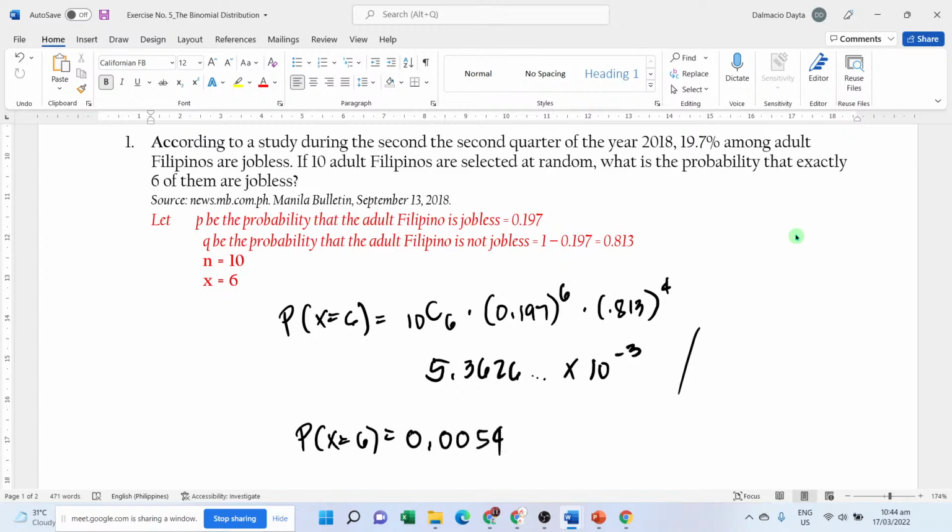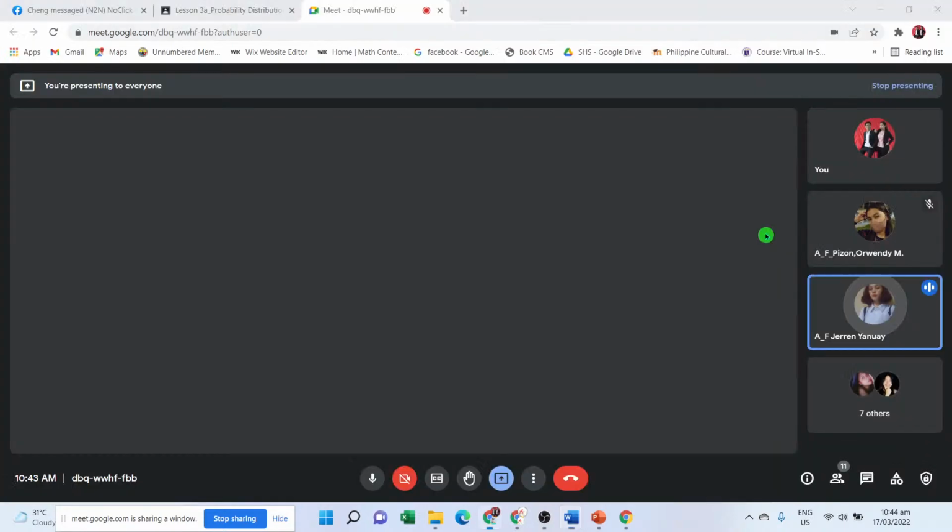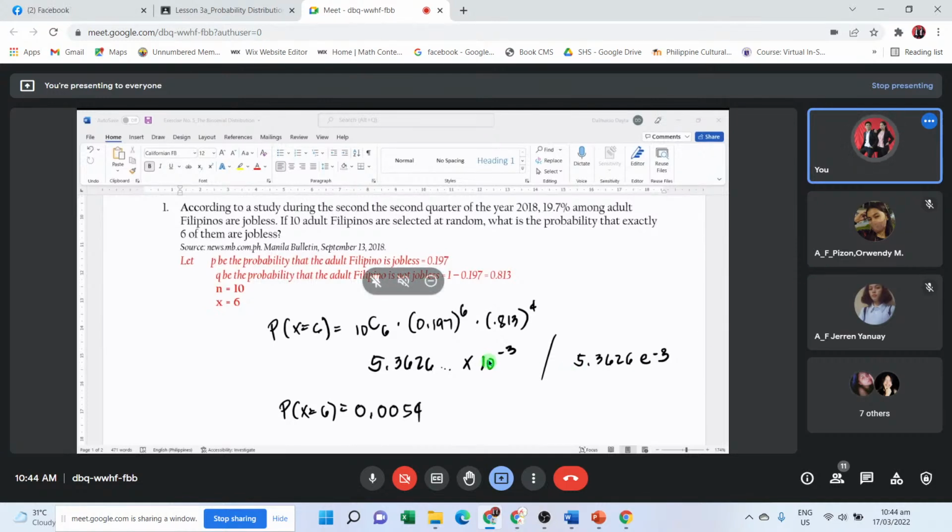Or yung iba naman na calculator, lalabas ganito: 5.36264 pa yung kasunod, tapos E negative 3. Will you please try to use your calculator? Tignan ninyo to. Tama ba? Ganito yung lumabas? The others? Nasundan? Yaren, nag-calculator ka? Ganito, di ba?